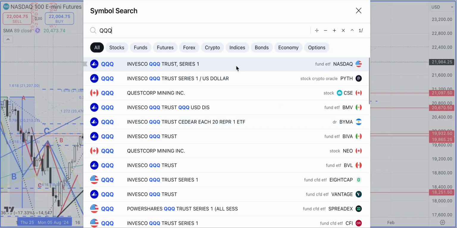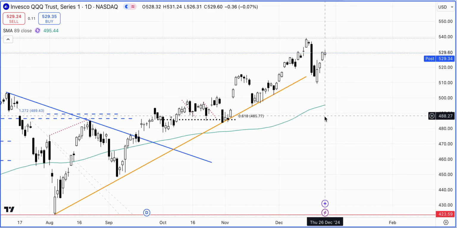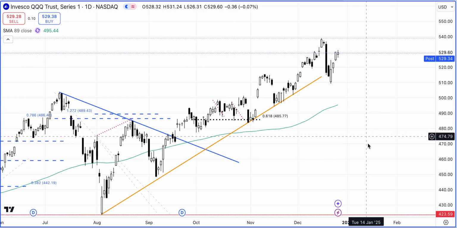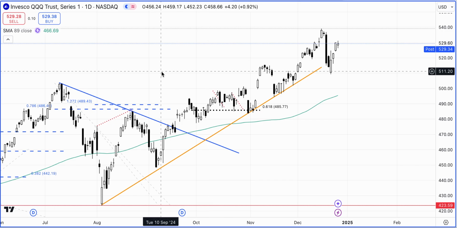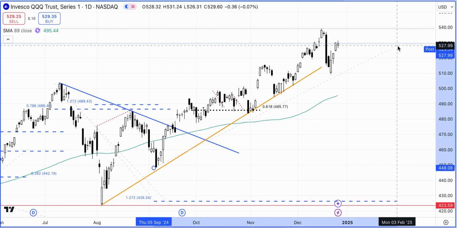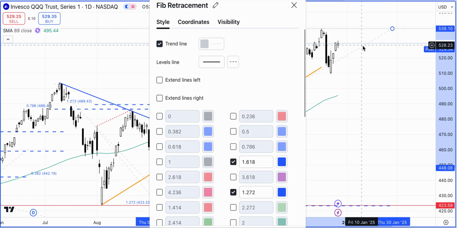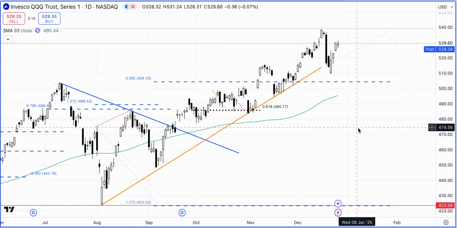And if we take a look at the QQQ, here we go, the QQQ has also recovered. Let me go here and draw a retracement, and let's see. I don't think it came close to the 38.2% retracement. Nope, it missed it, just like the futures did.